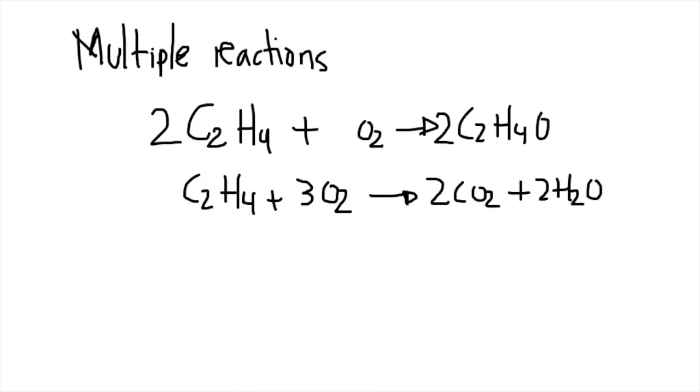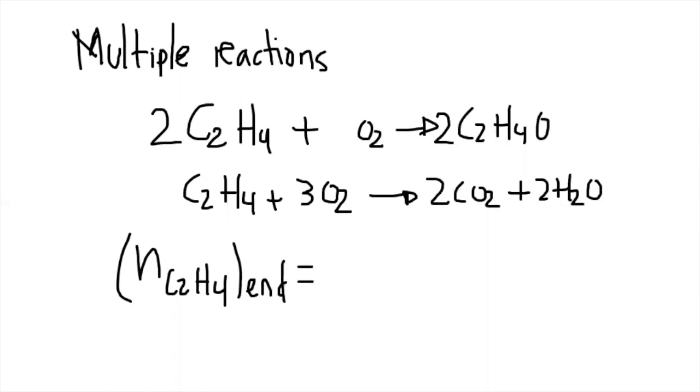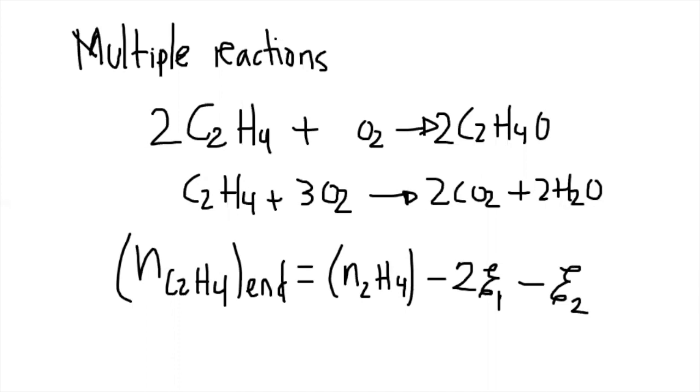And being so, what we are going to state is that the amount of ethylene that we're going to have at the end of this process is going to be equal to the amount of ethylene that we have at the beginning minus 2 times the extent of the first reaction minus the extent of the second reaction, because the stoichiometric coefficient here is 1.